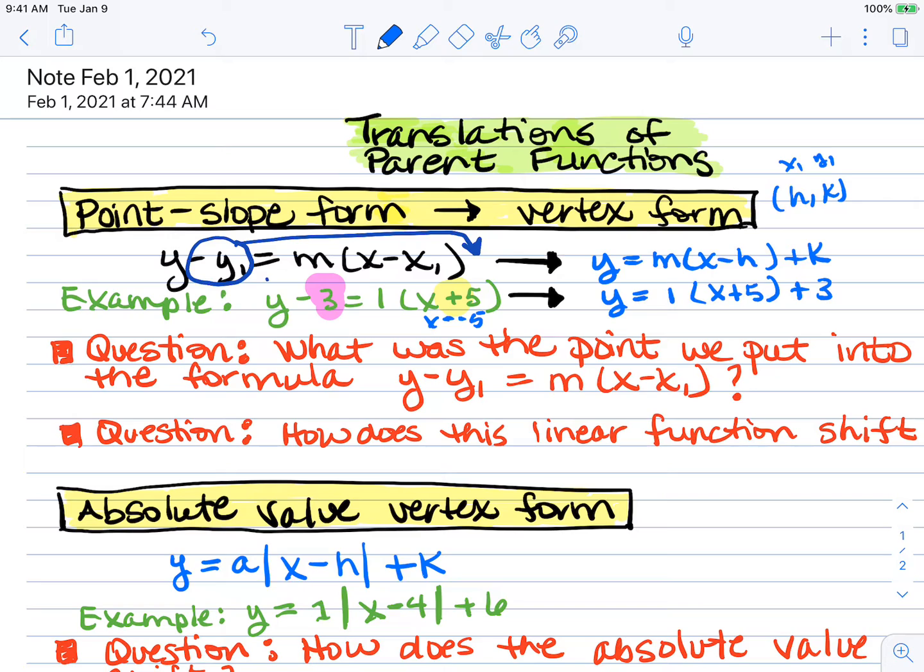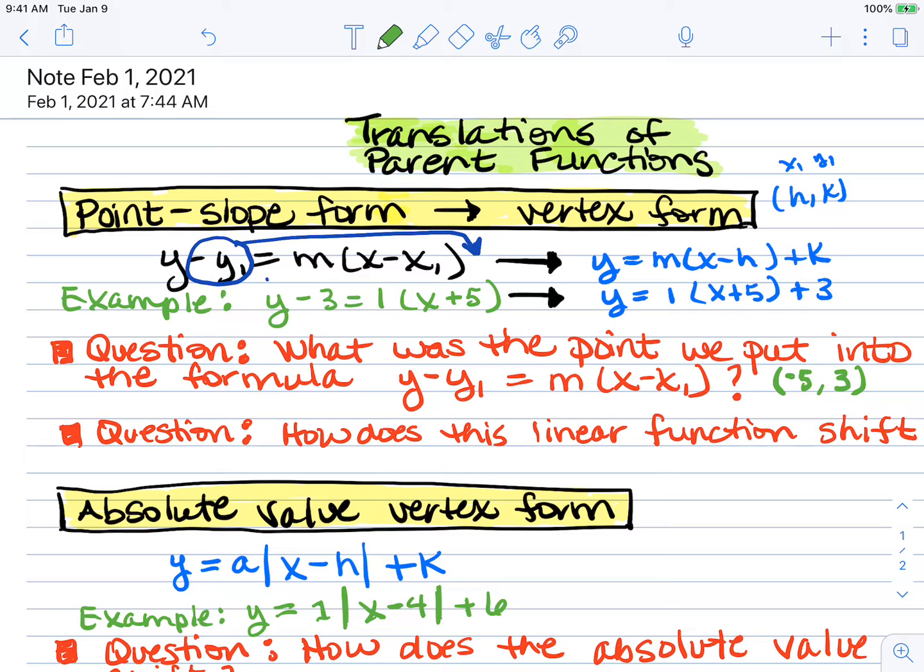So over here, I'm going to undo this stuff just because it's kind of messy. And I'm going to write down that my point that I would have put in would have been a 3 for my y and a -5 for my x. That's what I would have done. Okay, so that's what I put in.